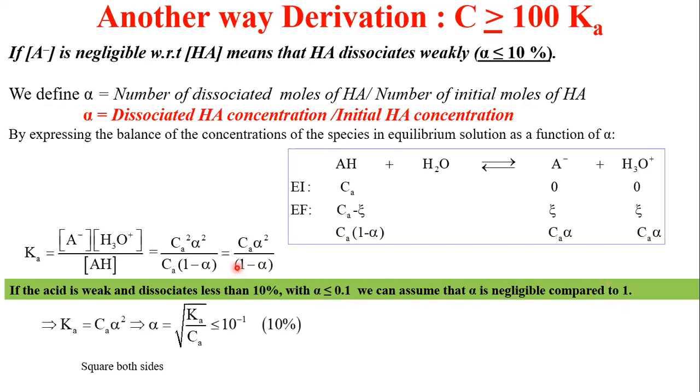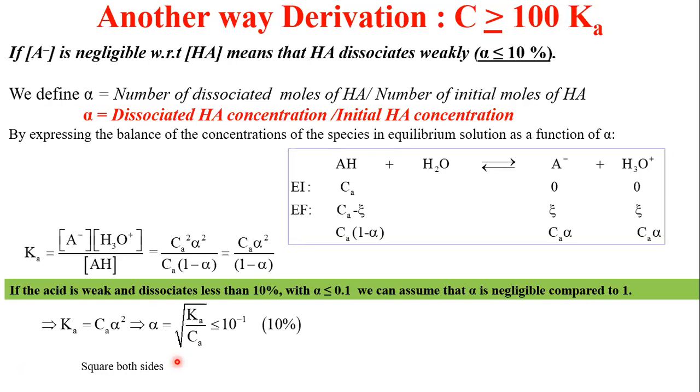Let's solve for alpha first. Take this expression and solve for alpha. If alpha is negligible, remove alpha from the denominator, then 1 times Ka is C alpha squared.